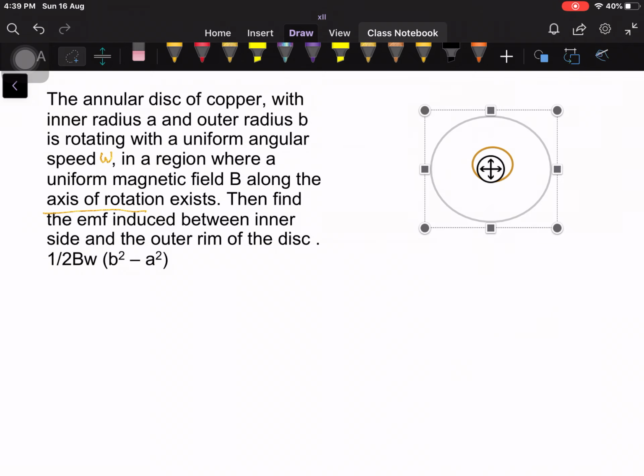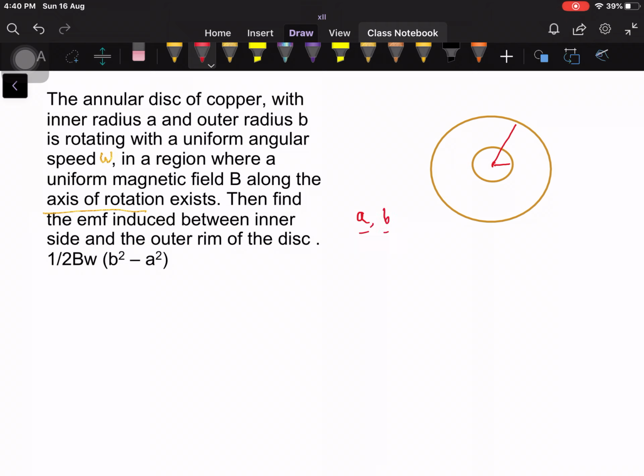It may not be very much in the center, but we can assume this is the disc. This is the center. This distance radius is A. This radius is B. Inner radius is A, outer radius is B.